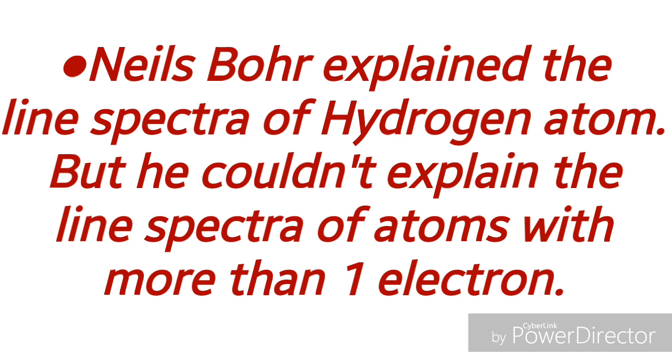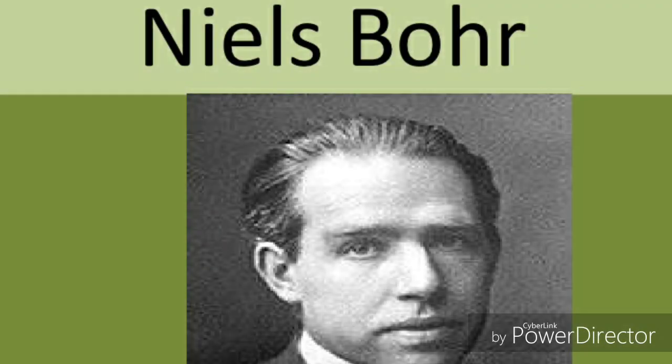So that is one drawback in Bohr's theory. But Niels Bohr's atomic model is an important step in the detailed study of structure of atom. So his atomic model has some limitations.